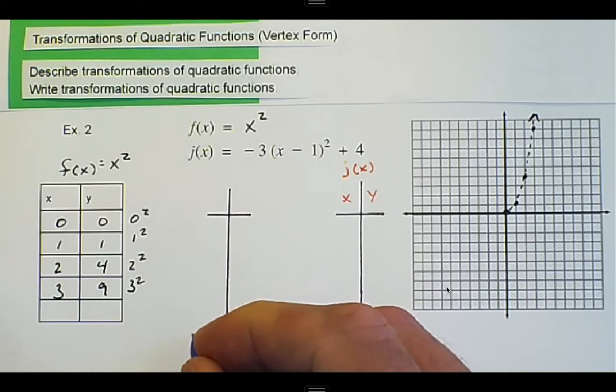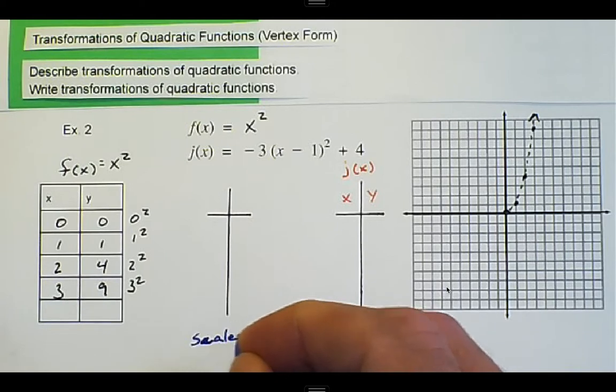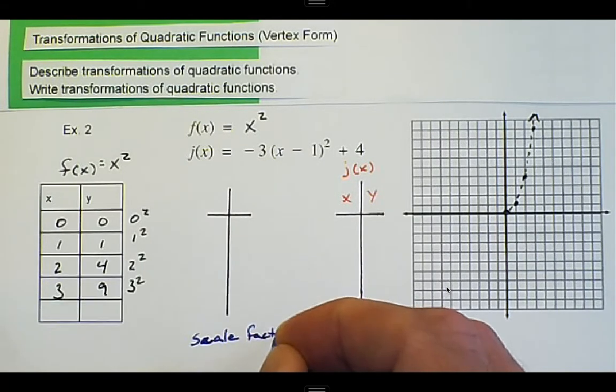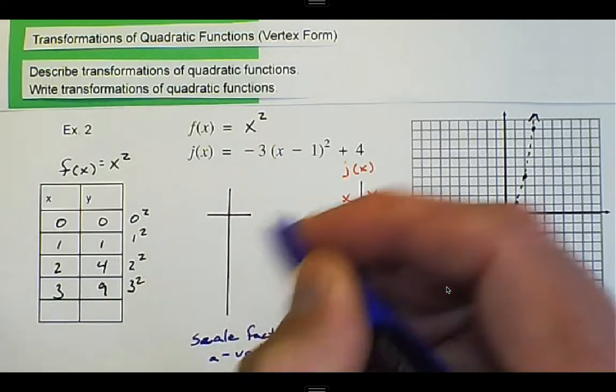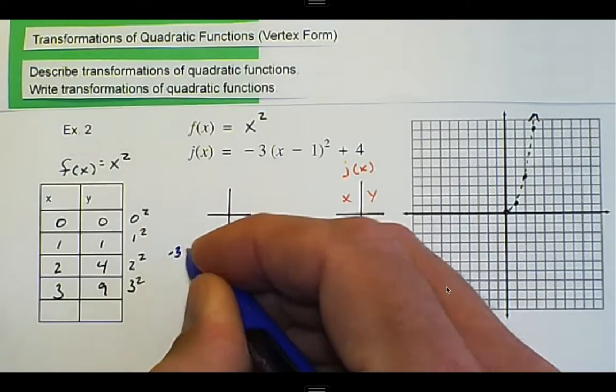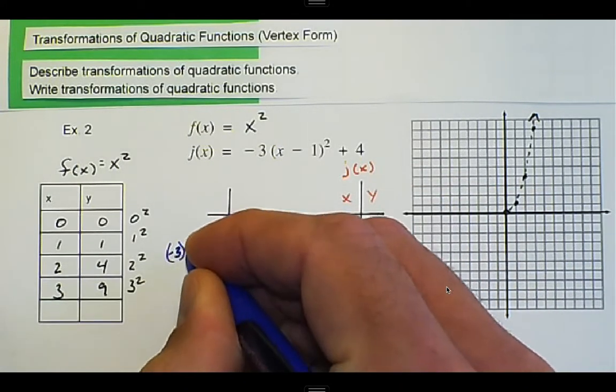So now we're going to work on our scale factor, or the a value. Basically, all we're going to do is say negative 3, and multiply that by the y value.